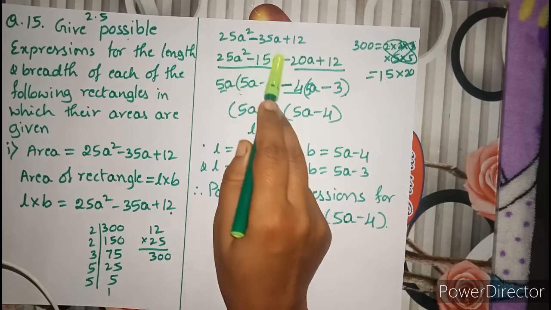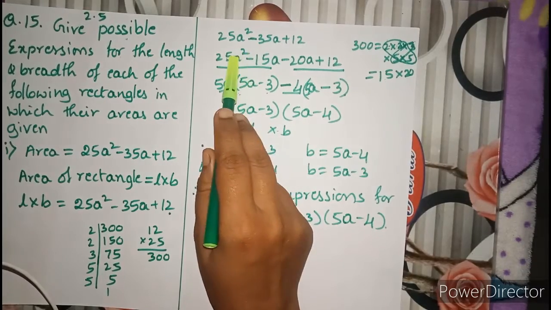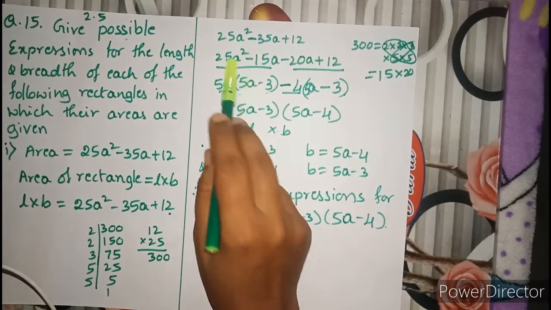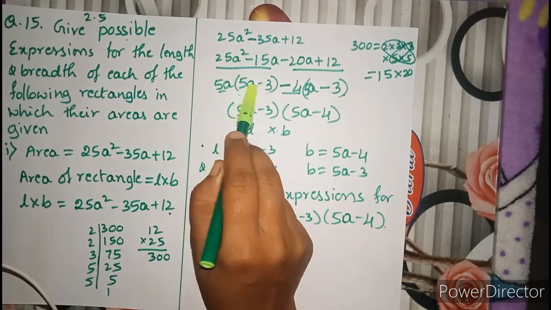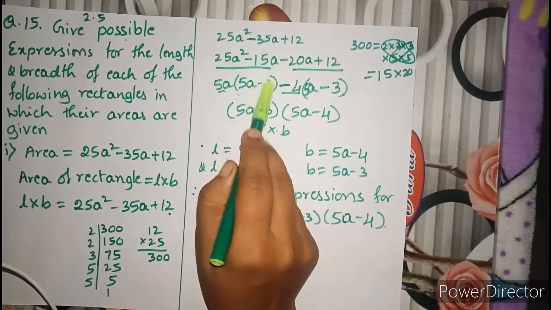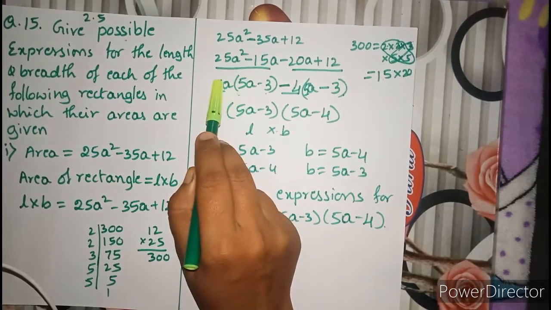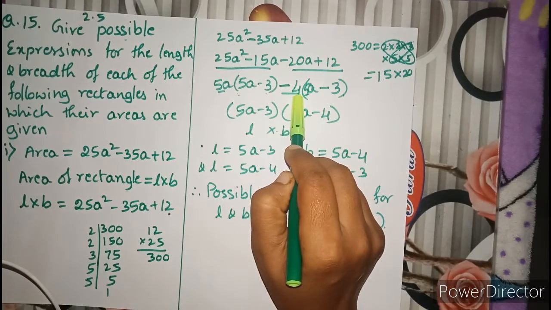In the first part, we have 5a as a common factor. The remaining terms are 5a minus 3: 5 into 5 is 25a square, minus 5 into 3 is 15a. So 5a is common. In the same way, we have 4 as a common factor here.